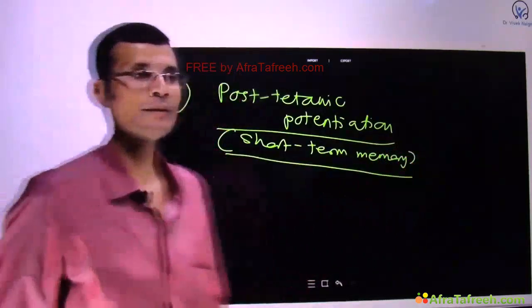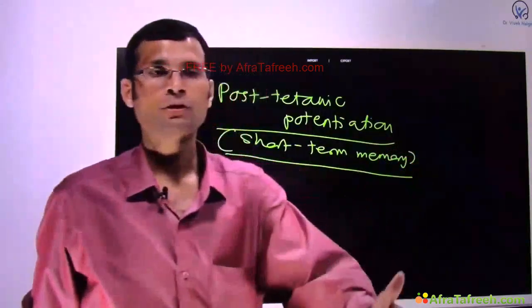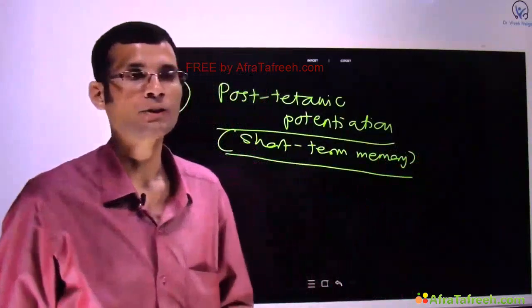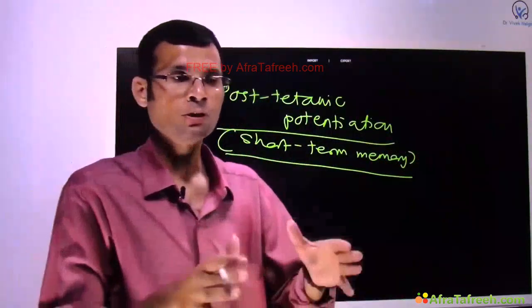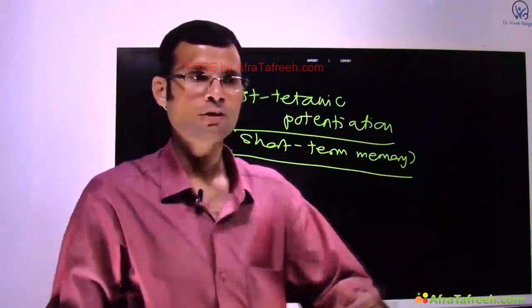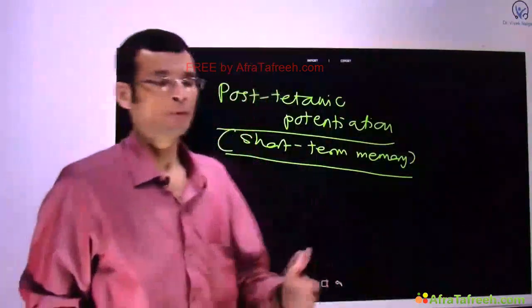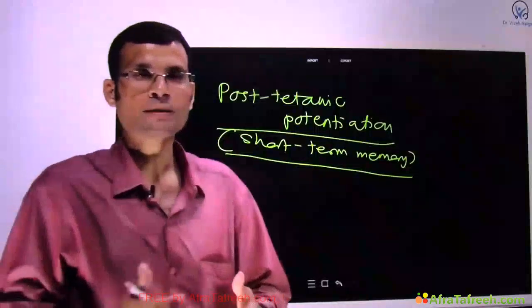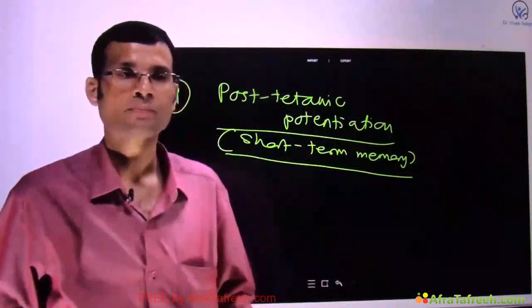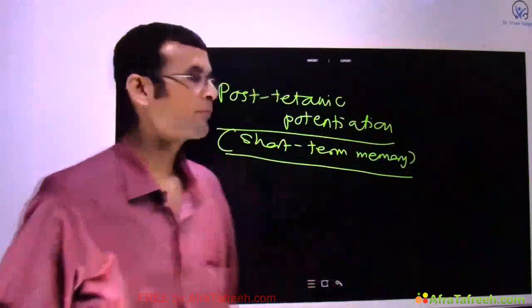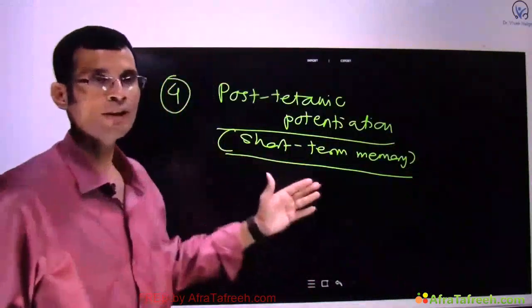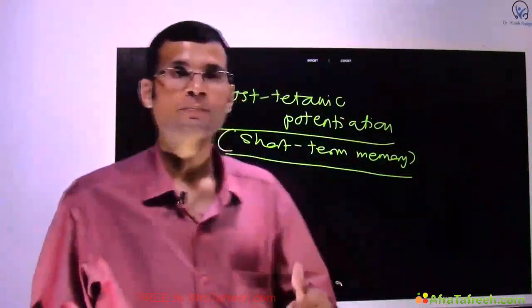For instance, if I give you 2-3 phone numbers and you are supposed to memorize these numbers for some time as a short-term basis, what do you do? You quickly go through those numbers repeatedly 4-5 times and you remember them for some time. That's the property of post-tetanic potentiation.